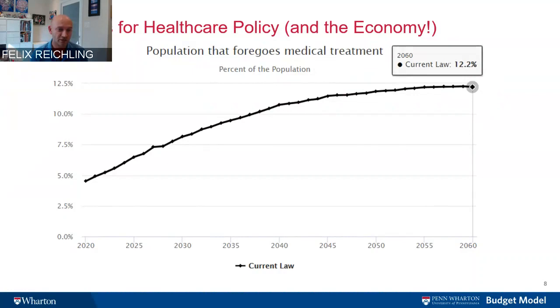So today, in 2020, roughly 4.8% of the entire population did not receive necessary medical treatment because of its high cost. Among 18 to 64-year-olds, that was actually 6.5%.